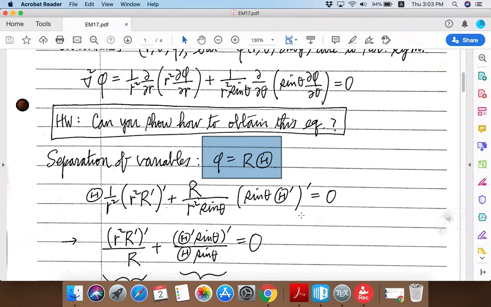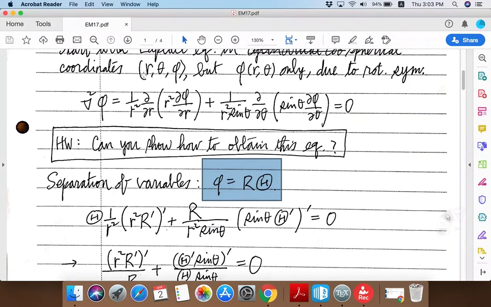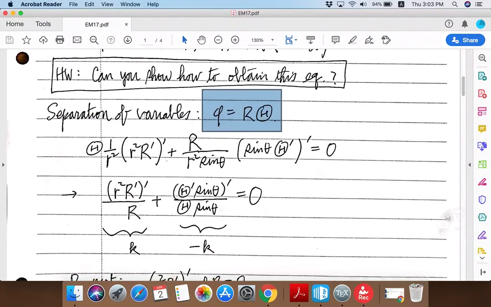The r part depends only on the variable r, and the theta part depends only on the variable theta. Okay, with this substitution, now this Laplacian becomes this.